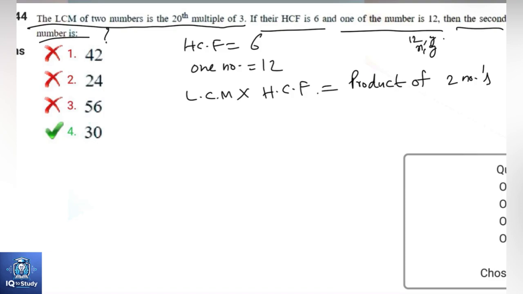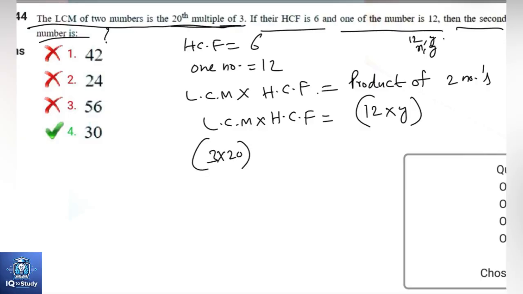So LCM into HCF is equal to 12 into y. Given LCM is the 20th multiple of 3, it means 3 into 20, and HCF is 6, that is equal to 12y.